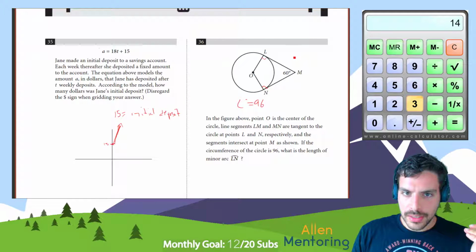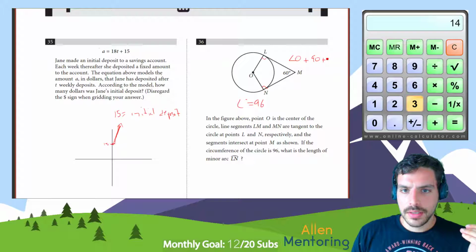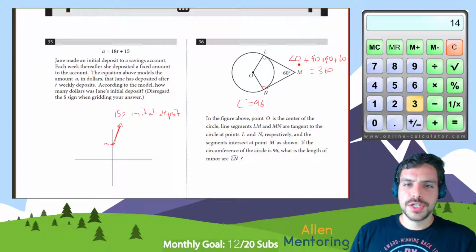So we see that angle O plus 90 plus 90 plus 60, okay? So O plus this plus this plus this will be equal to 360. Okay, so then what is O equal to?